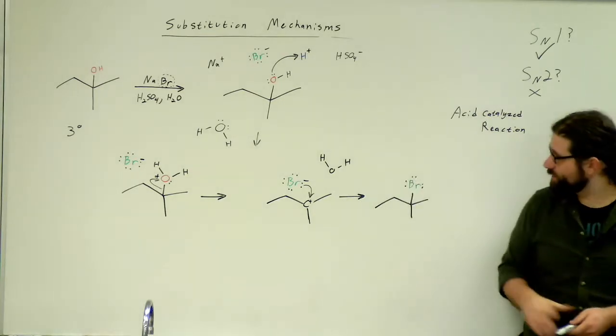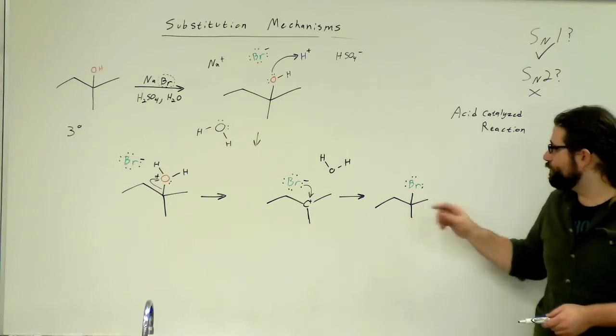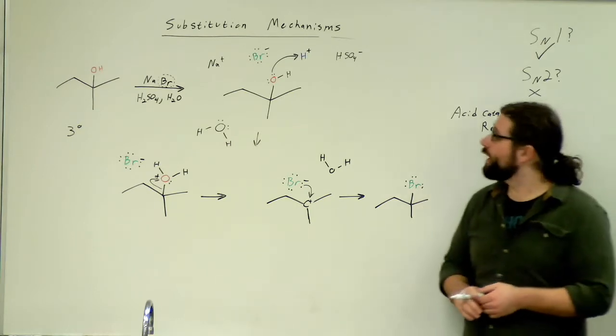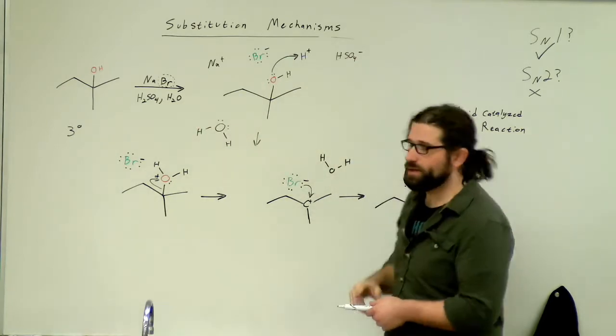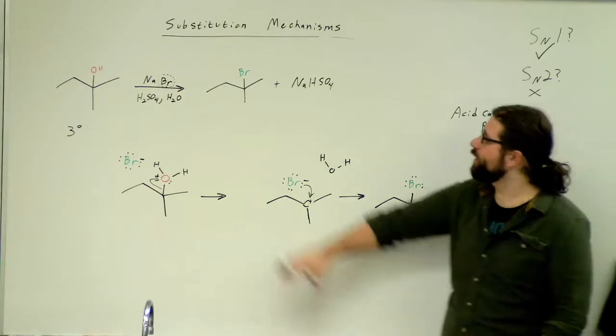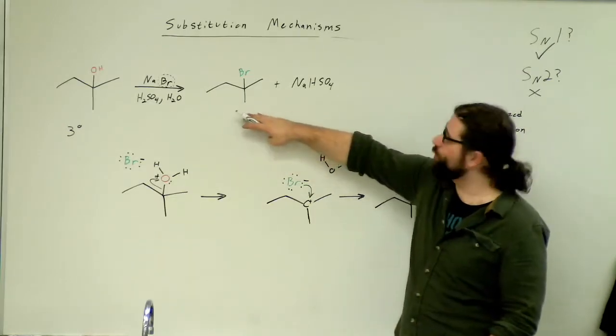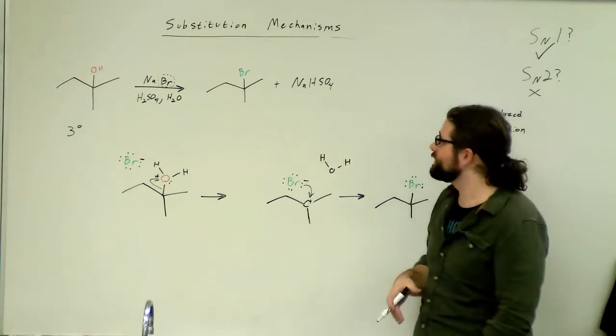Our final product has this bromo group now attached to my methylbutane. And there we go. Now I'm going to erase this so we can draw out our products up here. So here's our full answer. I've got the bromo group with the NaHSO4, which is a sodium bisulfate.